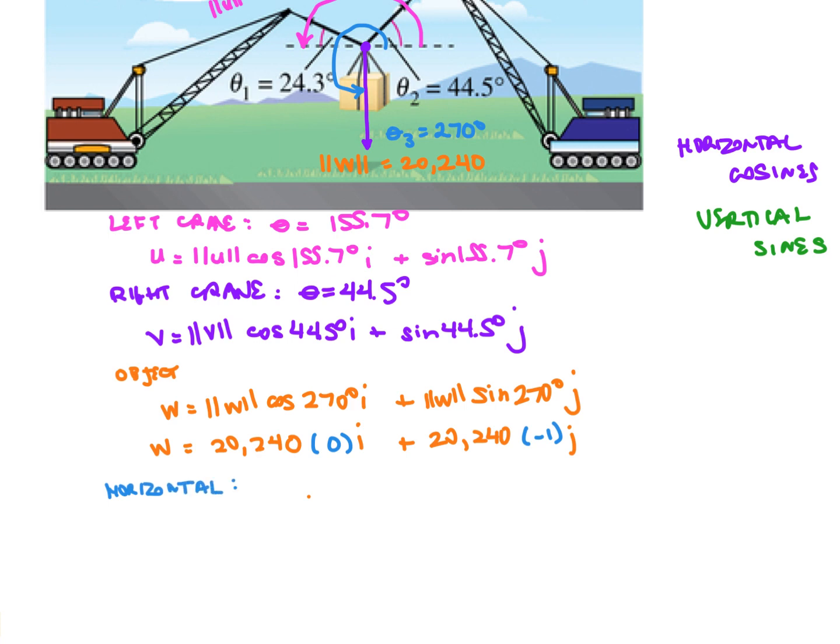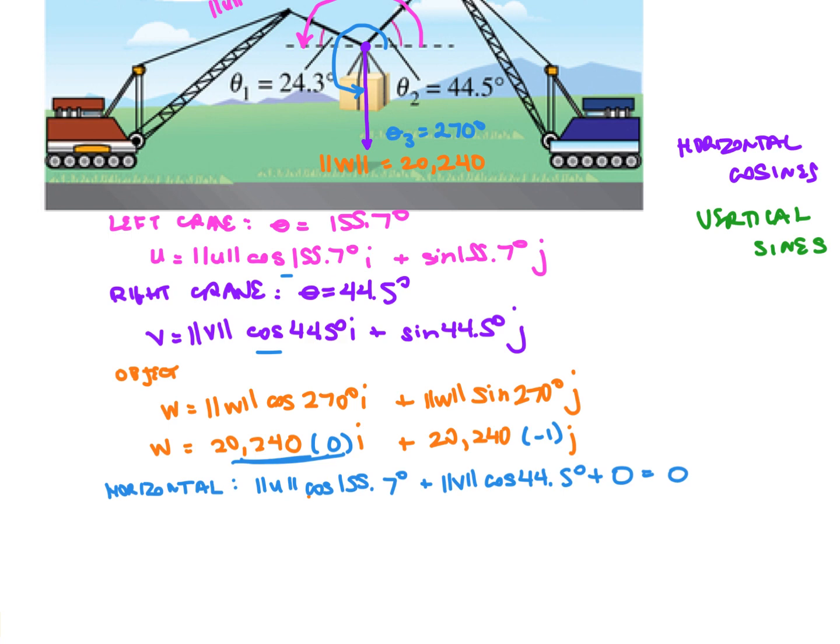So our horizontal is going to be the magnitude of U cosine of 155.7 degrees, and I'll just leave the i's off for now, plus the magnitude of V times cosine of 44.5 degrees plus the magnitude of W, and this is just 0, right? The cosine ended up being 0, and that's all going to equal 0. Okay, so it's all holding everything in place. So that's our horizontal equation.